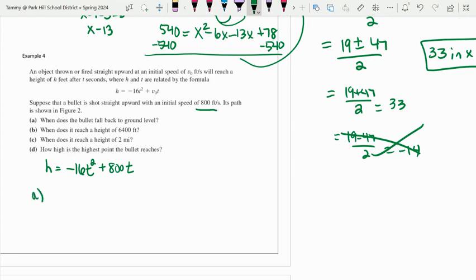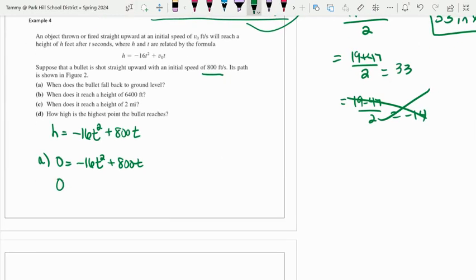So question A is, when does it fall back to ground level? Well, that means my height is 0. So 0 equals negative 16t squared plus 800t. Let's solve this by factoring. I'm going to factor out a negative 16t from both of those. That leaves me with t minus, so 800 divided by 16 is 50.